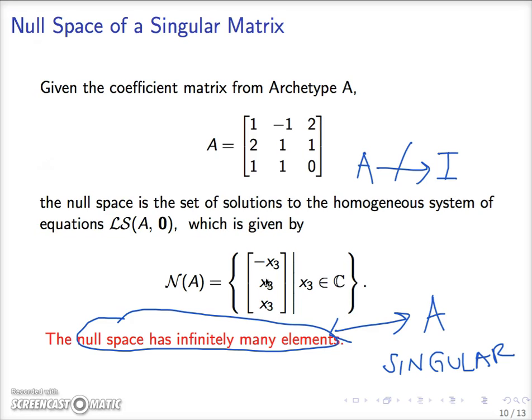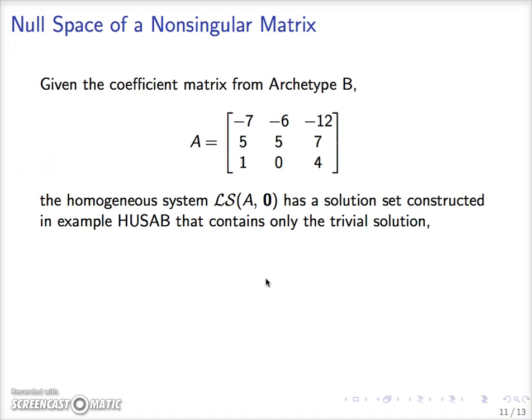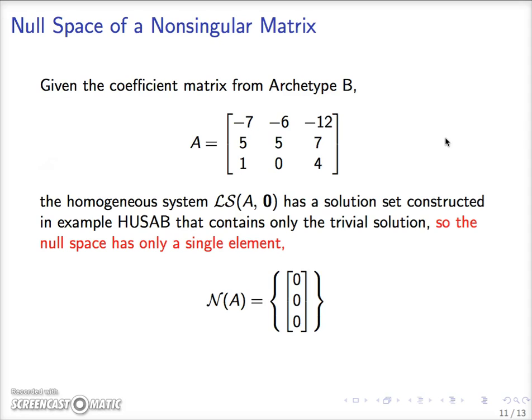The null space of a singular matrix is a set that contains infinitely many elements, while for a non-singular matrix, we had established that this matrix A row reduces to the identity, right? So the RREF of this matrix is the 3 by 3 identity, and therefore A is non-singular.